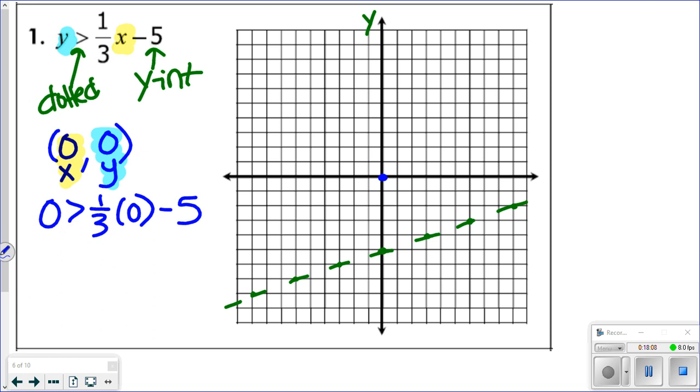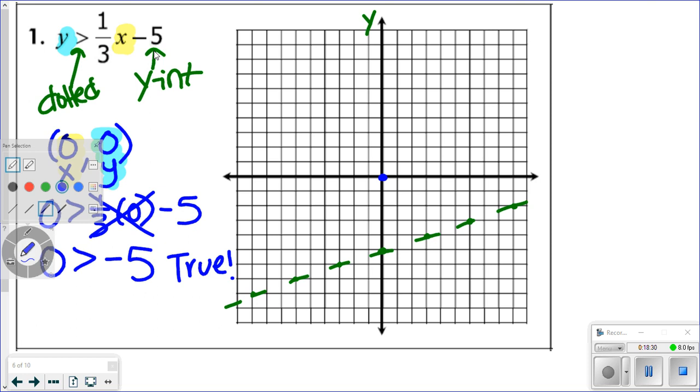Well, anything times 0 is just 0, so this is gone. 0 is greater than -5. Is that a true statement or a false statement? This is a true statement. So what that means is 0, 0 is a solution or is an answer, and it's in our shaded area.